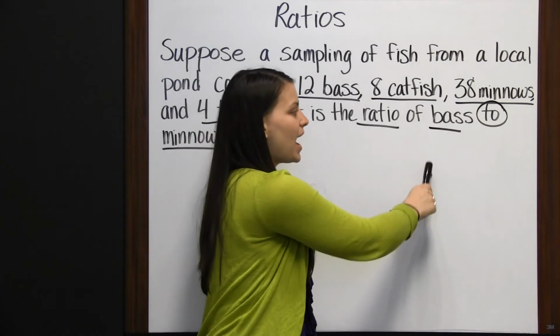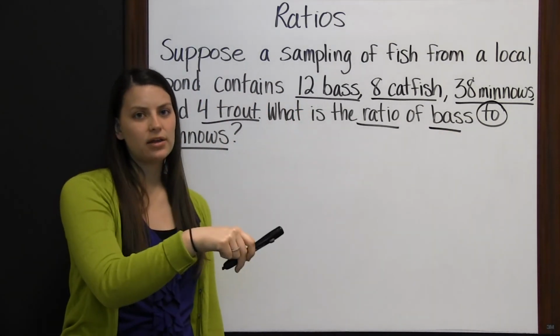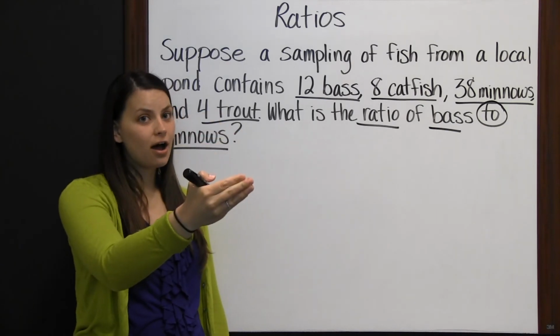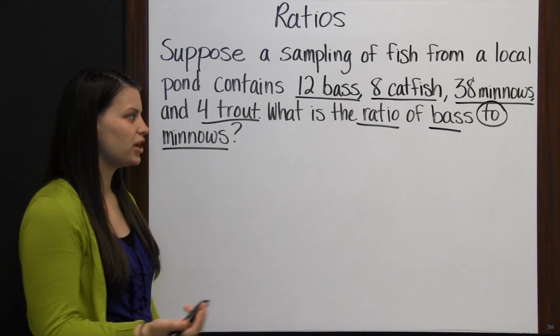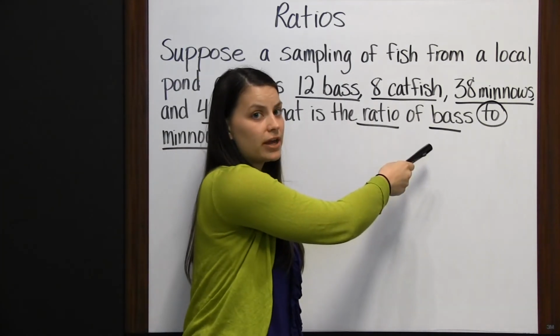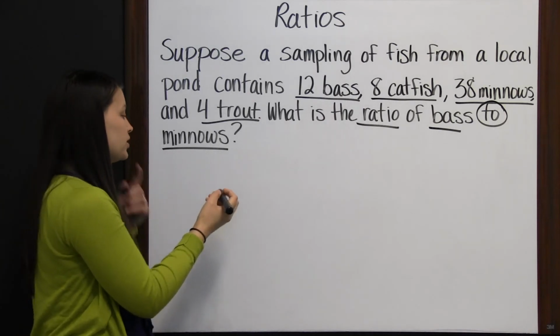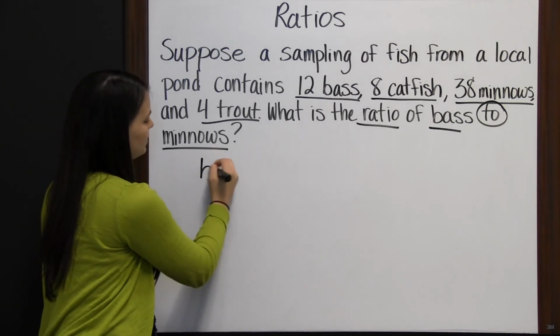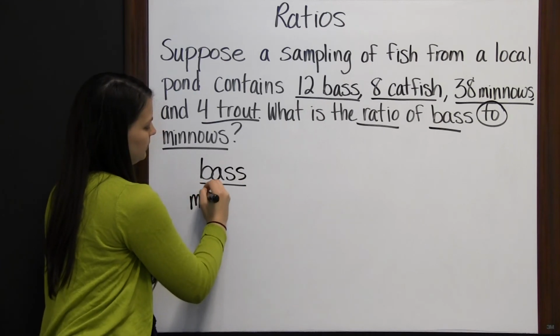Since it says bass to minnows, we read left to right. We also read from top to bottom. Since a ratio is a fraction, then they're telling you what your numerator should be and what your denominator should be. So our ratio is going to be bass to minnows.